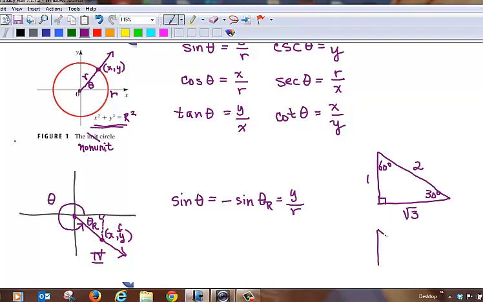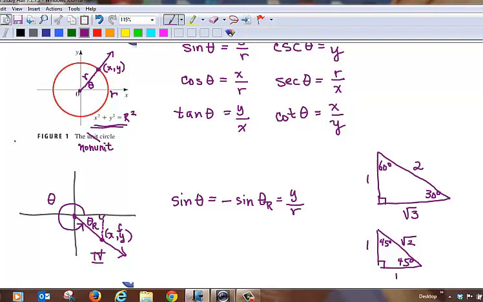And then we also used another special right triangle, the 45, 45, 90 right triangle, and said, what if your legs are 1? Then your hypotenuse is root 2. Again, we use these values to determine exact values for the trig relationships. So these are things we've done so far in the course.